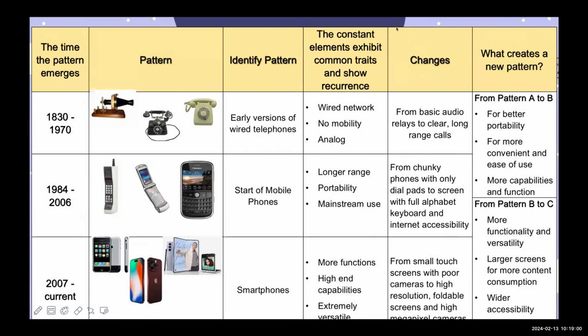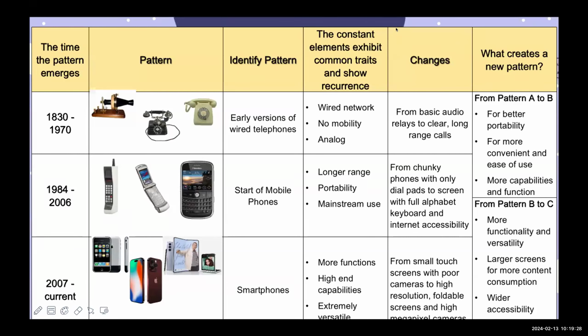Telephones are very hard to use. You have to circle the dial again and again to get just one number. For mobile phones, it's quite easy. It's in the palm of your hand, so it's very convenient. Also, as mobile phones advanced, there were more capabilities and functions.